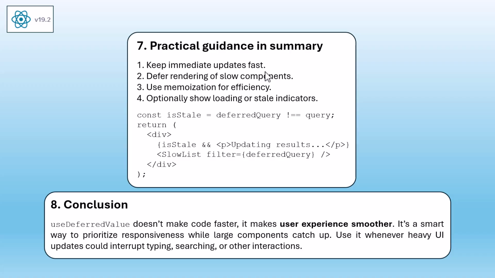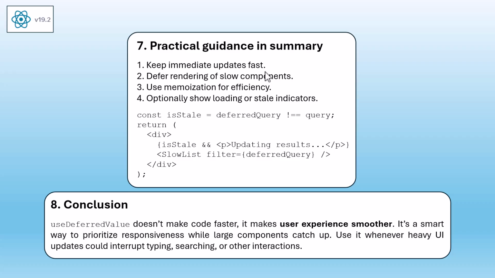7. Practical guidance in summary. To use this hook effectively, identify parts of your UI where user interactivity must remain fast, inputs, filtering terms, etc. Identify parts that can tolerate a slight delay, large lists, charts, search results, etc. Use the hook to wrap the value driving the slower UI so that React knows it can prioritize other updates first.